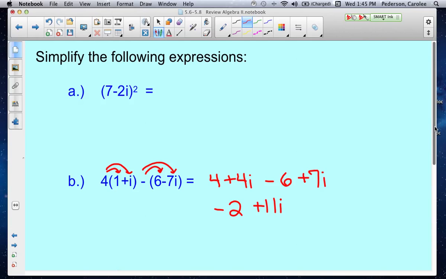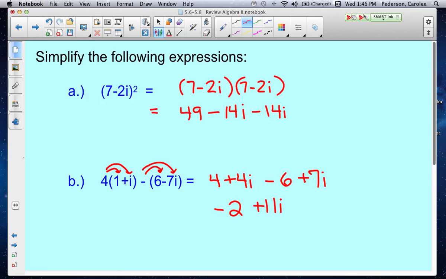Big mistake there. Students want to, on question A, distribute in. There's actually 2 parentheses there. It's really 7 minus 2i and 7 minus 2i. Which now what do you have to do, Chris? FOIL it out, yep. So you'd FOIL: 7 times 7 is 49. 7 times -2i is -14i. And then -2i times 7, -14i.